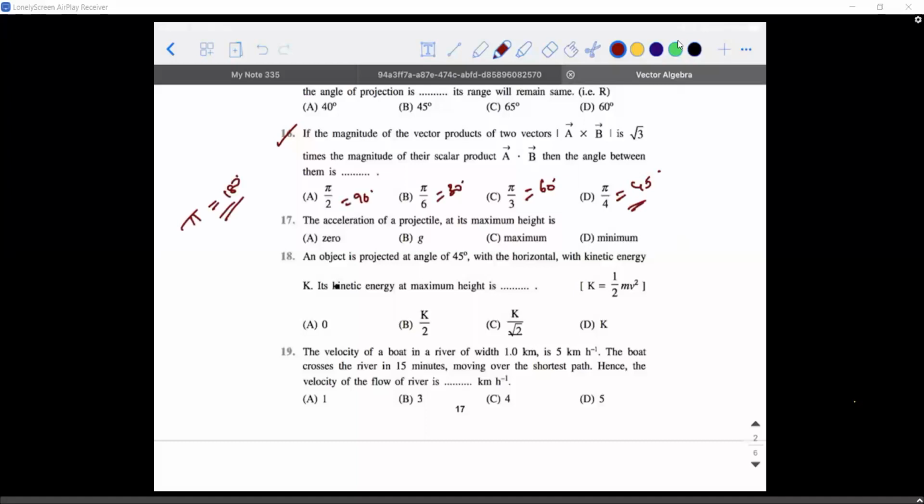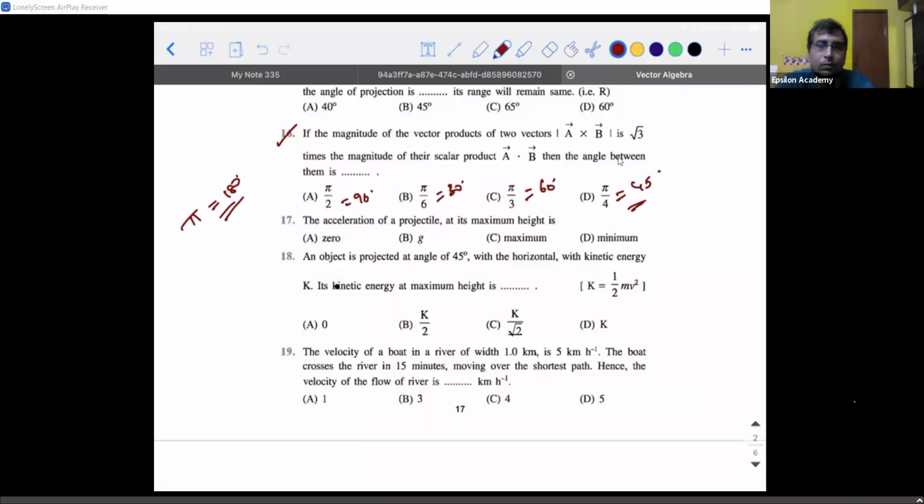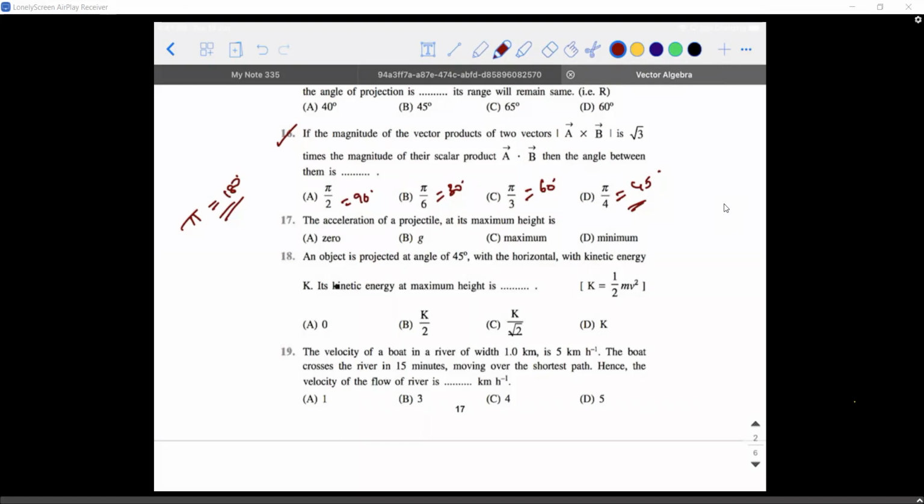Have this in mind. The pi by 3. That's right. 60 is right.